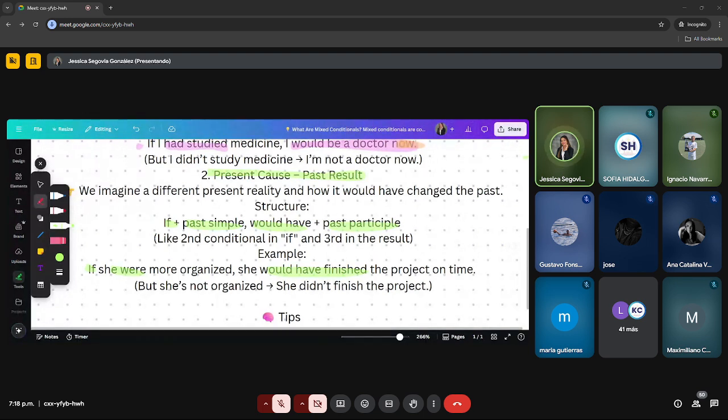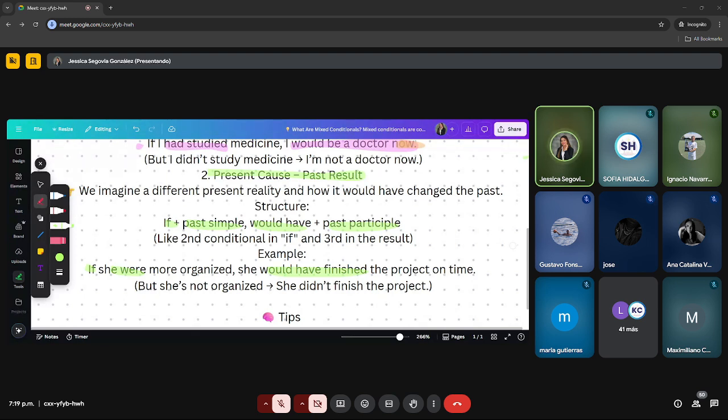Si ella fuera más organizada, estamos hablando que en el presente ella no es organizada. Si ella actualmente fuera más organizada, present situation, she would have finished the project on time. Hubiera terminado el proyecto a tiempo. Did she finish the project on time?